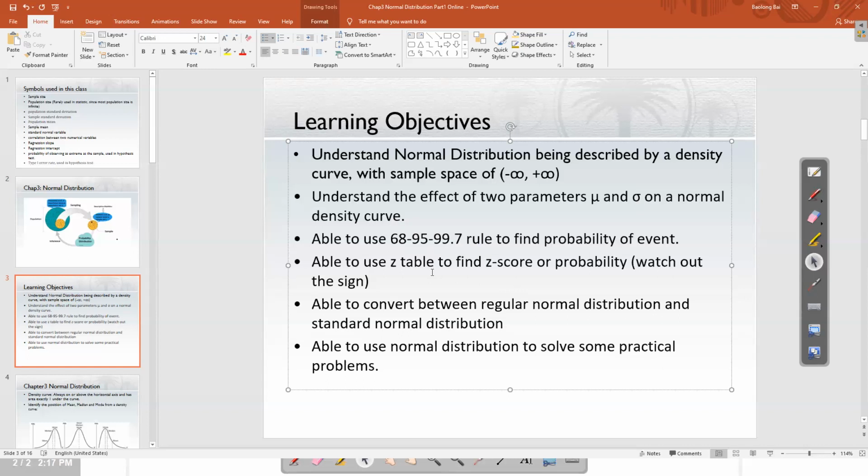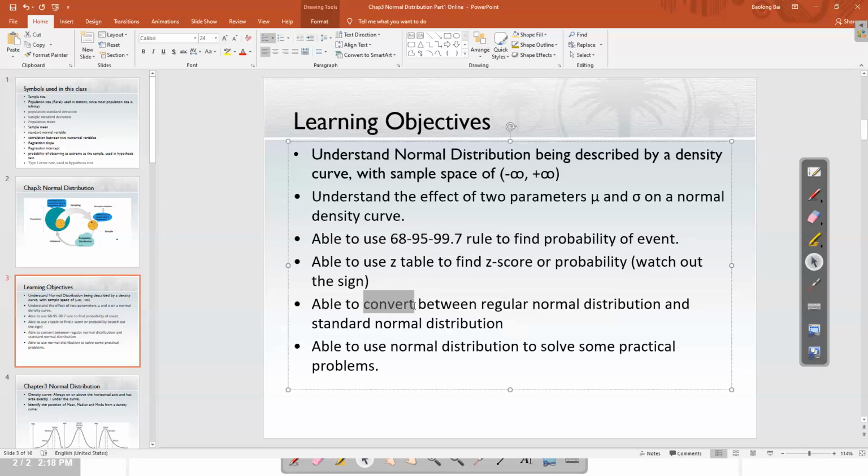So how do I find normal probabilities systematically, for any scenario? Then we need to use a table. So that's what the Z table is, okay? The Z table shows a distribution. That's a Z distribution, standard normal distribution. And then once you know how to use the Z table, then for any other normal distributions, we have a conversion.